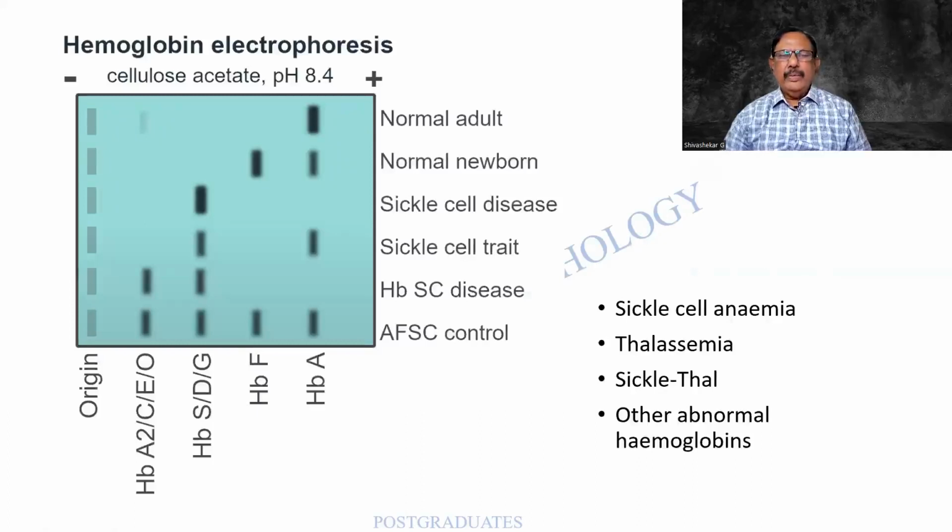We are quite familiar with hemoglobin electrophoresis. Look at this one. There is a negative charge and a positive charge, and you find the origin, where the sample is placed, and the various hemoglobins move at different speeds so that they get separated. In this one: A2, C, E, O, S, T, G, F and A. I used to tell our friends, look at this mnemonic: A2, which means V2.